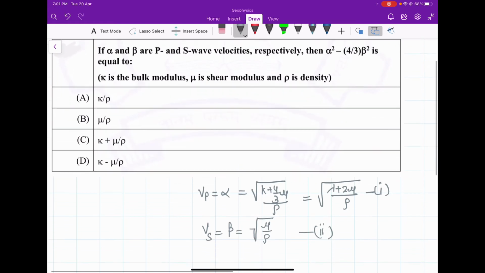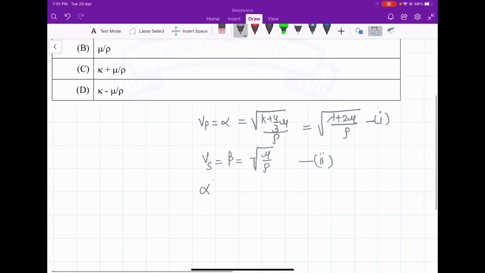Now you have to find the value of alpha square minus 4 by 3 beta square. So alpha square is k plus 4 by 3 mu divided by rho, minus 4 by 3 mu by rho.